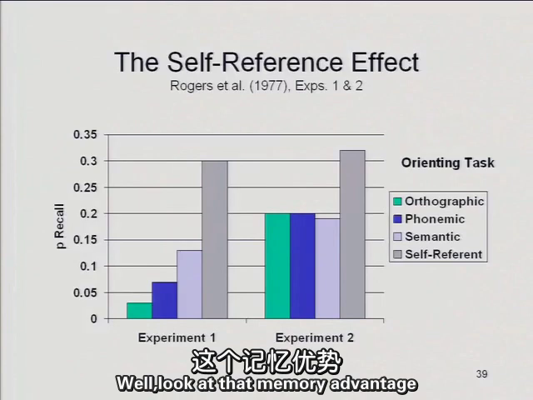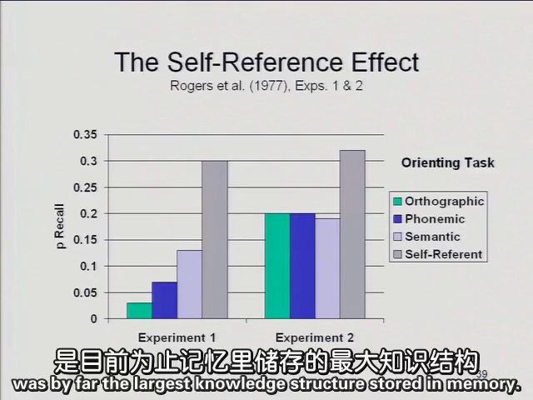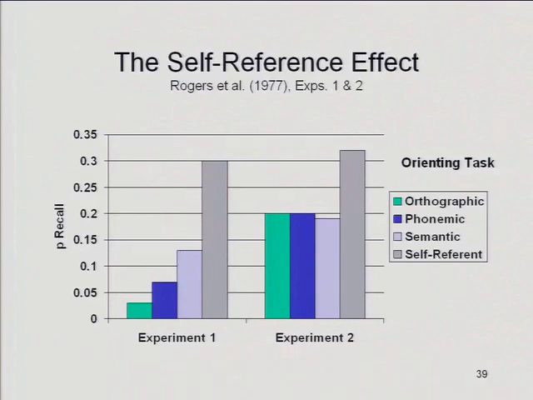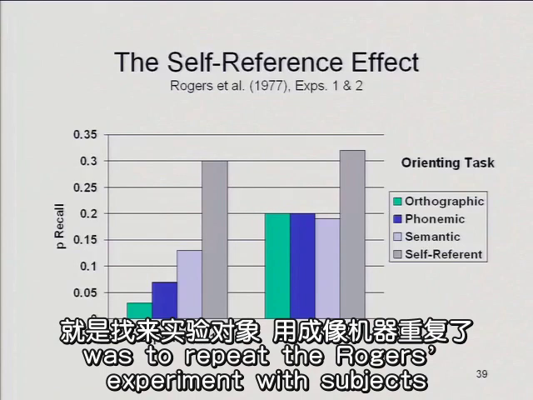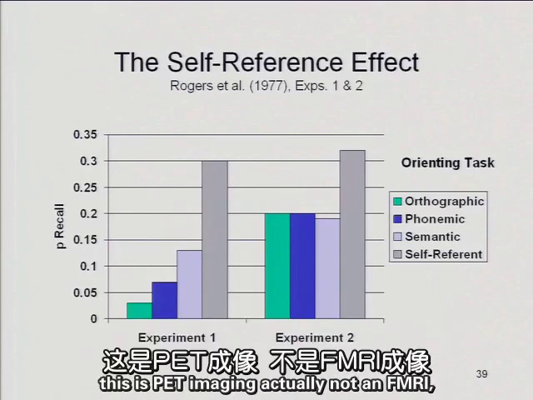Well, look at that memory advantage, leading Rogers and his colleagues to conclude that the self was by far the largest knowledge structure stored in memory. So what Craik basically did was to repeat the Rogers experiment with subjects in an imaging machine. This is PET imaging, actually, not fMRI.